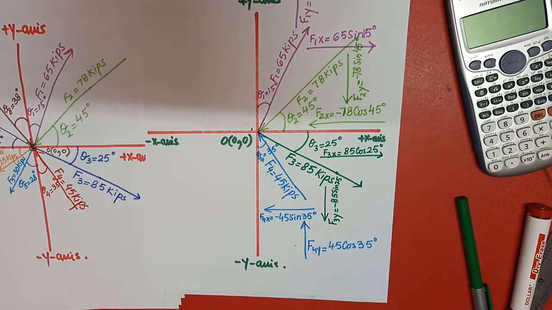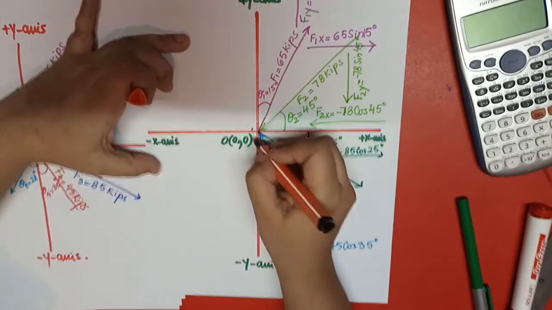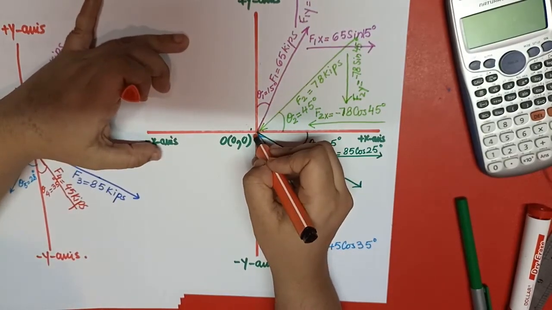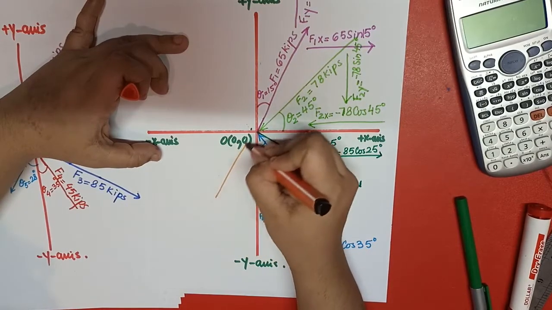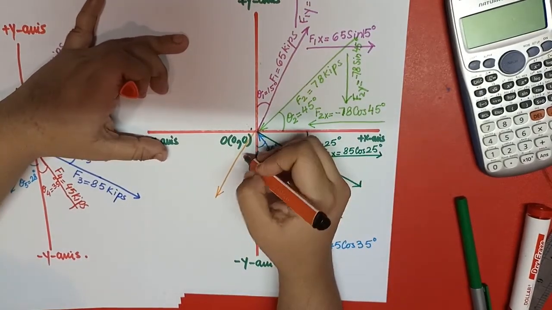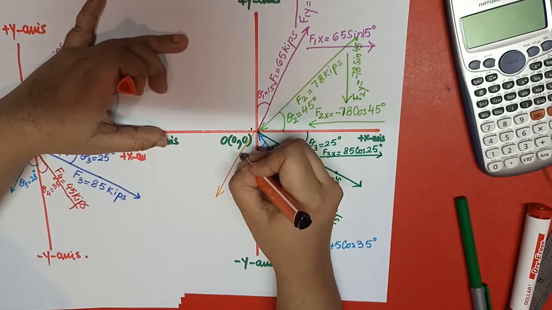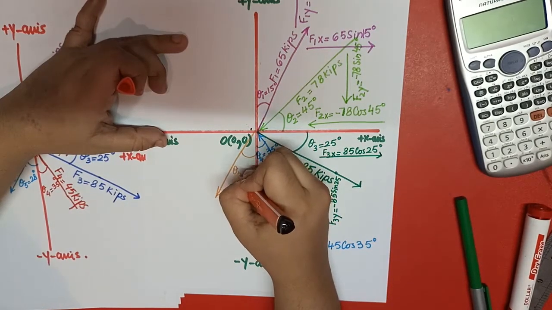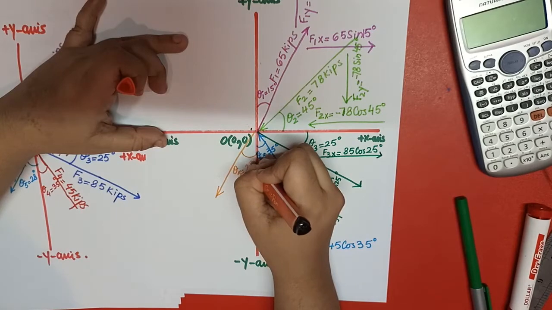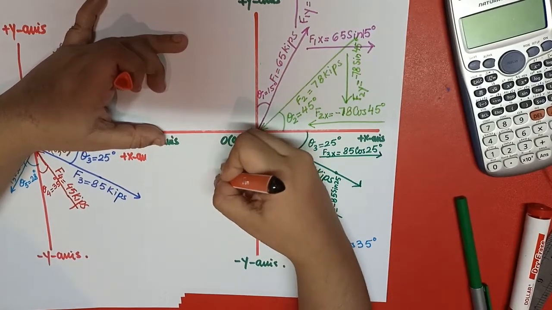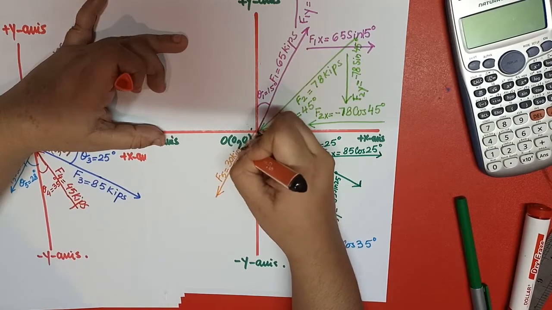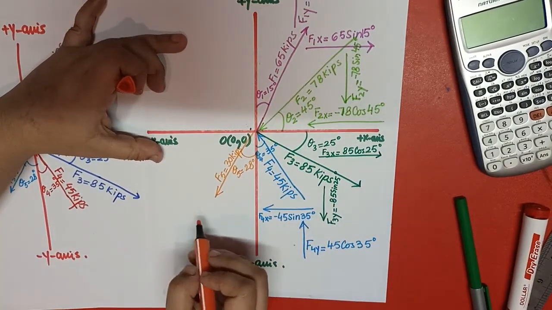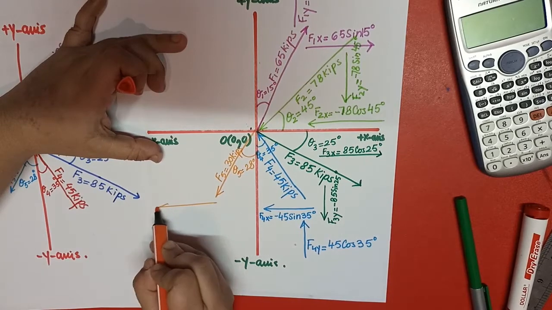This is done. So we are moving towards another one, force F5, and this force is outward and it is 30 kips, so it should be smaller than F4. So theta 5 is equal to 28 degrees and F5 equals 30 kips. So you have to resolve this force into its components.